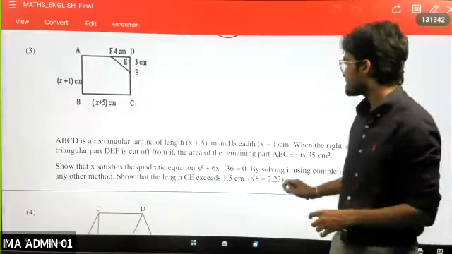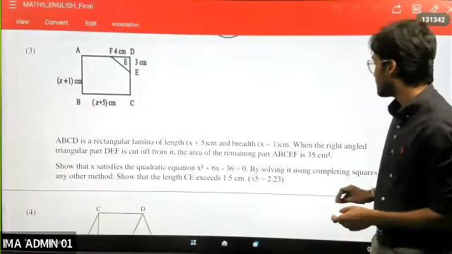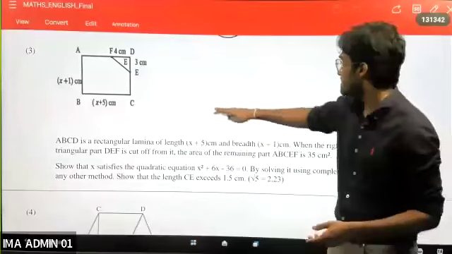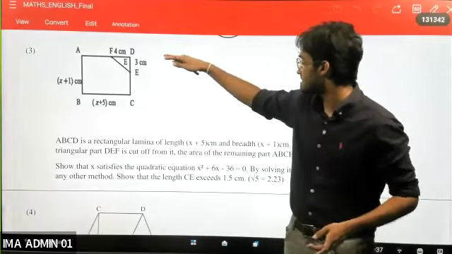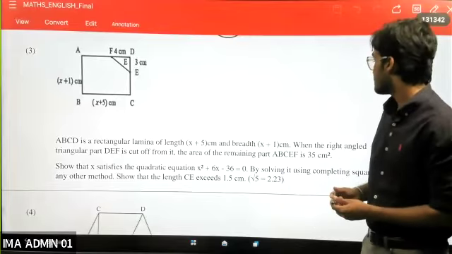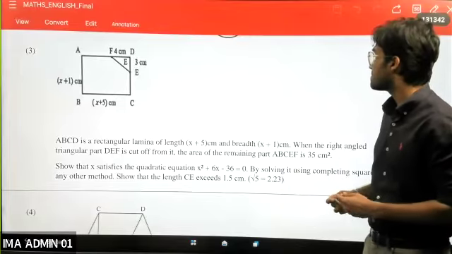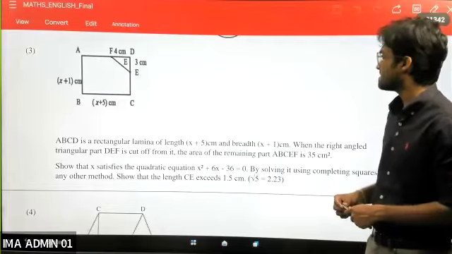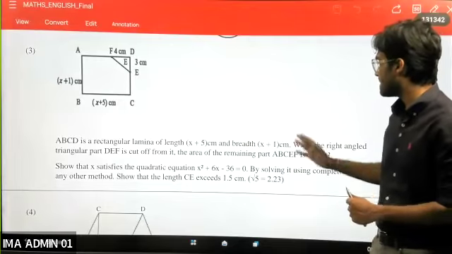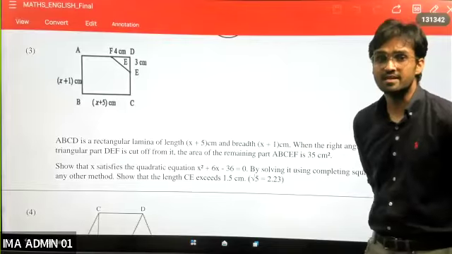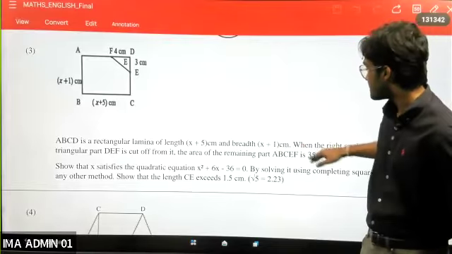So there is a bit of a step in this question. What we have to do is, they have given the data in this first sentence about this lamina, and what is done to this lamina is mentioned in the first sentence.